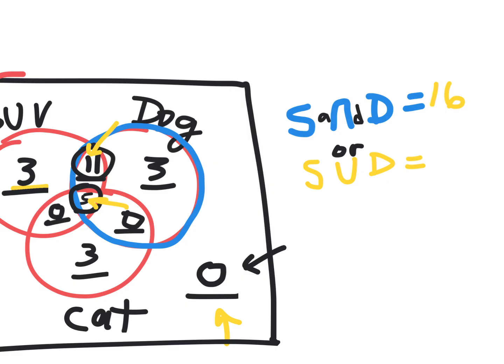So a big answer involving SUVs and dogs, it's all of the things that are in SUV and, no, not and. It's an or question. You just have to have an SUV or a dog, and that means those two circles all together. So 11 plus the 3 plus the 3 plus the 5 is 22. Did anybody else get 22?